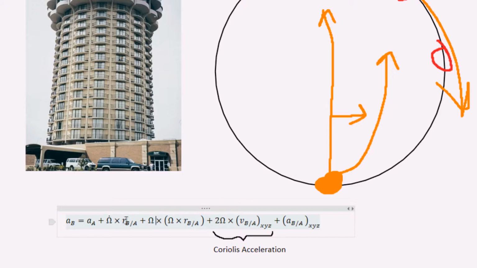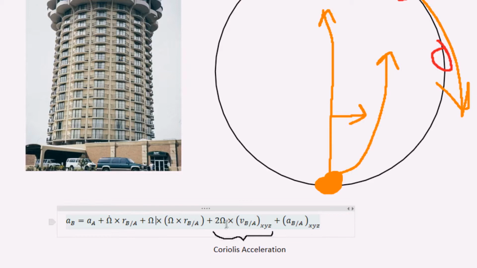Omega dot cross r sub b with respect to a is the angular acceleration effect caused by rotation of the x, y, and z frame. We have omega cross omega cross r sub b with respect to a, which is the angular velocity effect caused by rotation of the xyz frame.